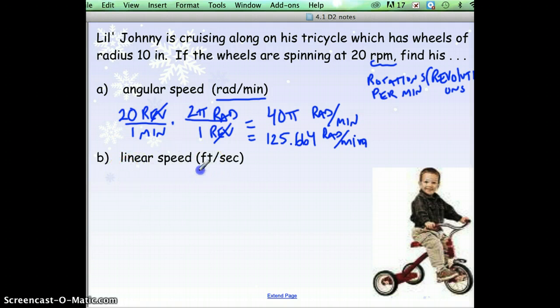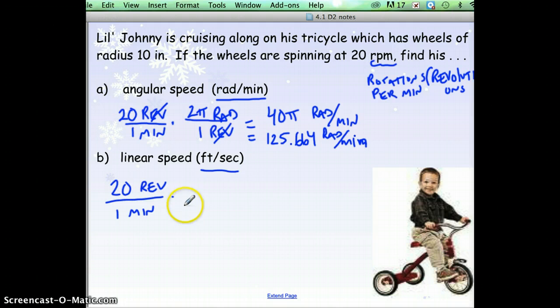Okay, linear speed. Now we want to get it into feet per second. So we're going to have to convert a lot of things. We have to get minutes into seconds. We have to go from revolutions to feet. Okay, so let's always start with what we're given. 20 revolutions per 1 minute. Now it might be easier for you to convert minutes to seconds right off the bat.